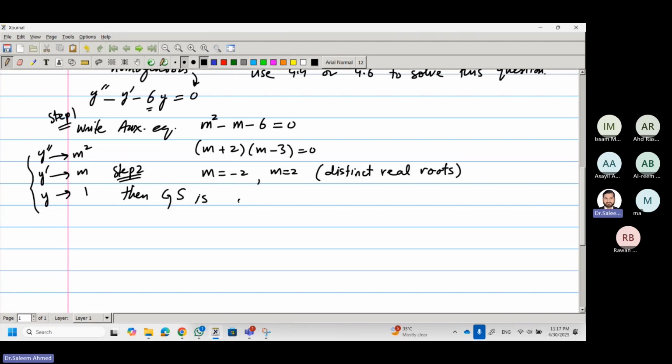If this is the case, then step 2 is to write the general solution: y equals c1 e to the power m1 x plus c2 e to the power m2 x. Whatever the first value is goes to e to the power minus 2x, plus c2 e to the power 3x.